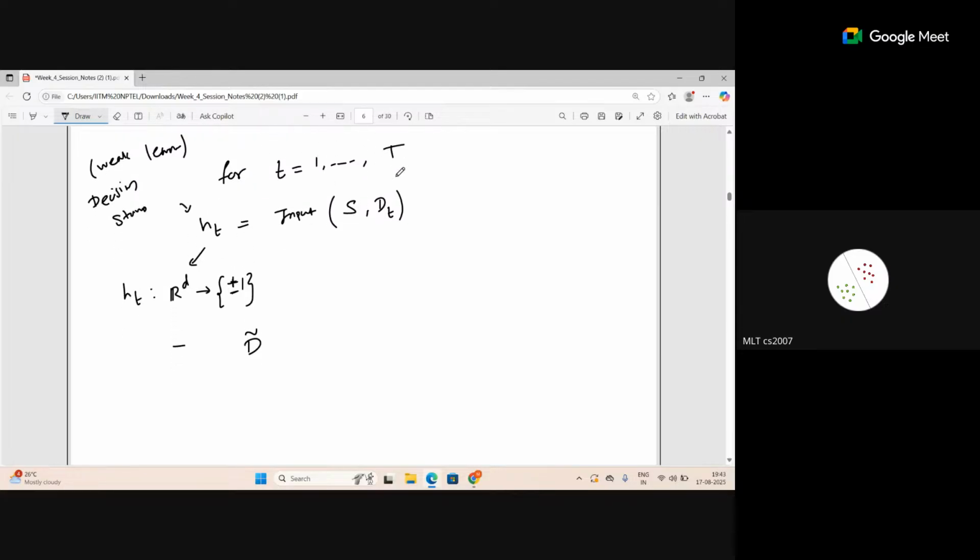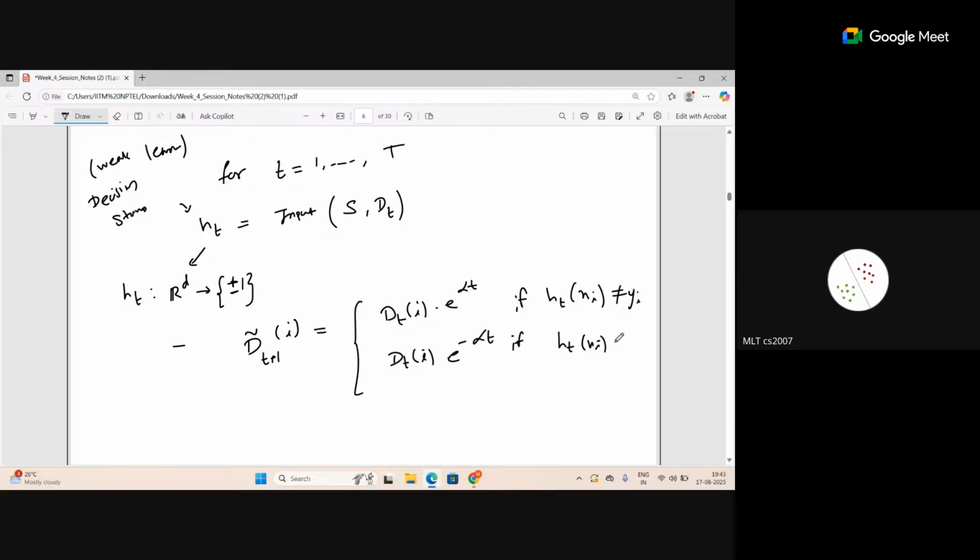Now for step t plus 1, for the ith data point, it is equal to the previous weight Dt(i) multiplied with e to the power alpha t if ht(xi) is not equal to yi, and Dt(i) into e to the power minus alpha t if it correctly classified the data.